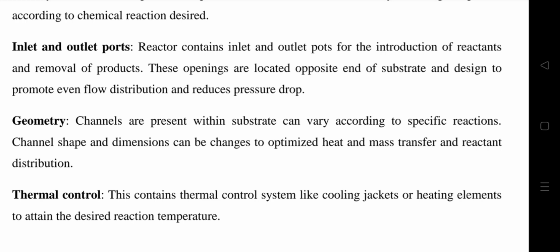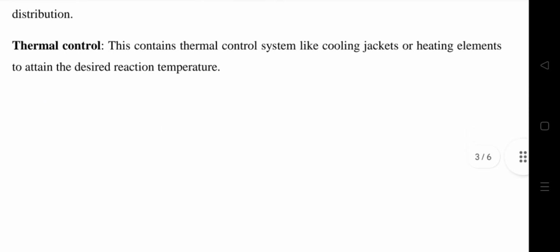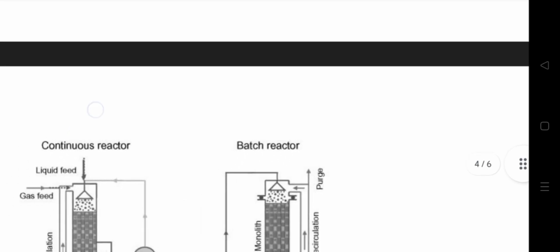Channels present within the substrate can vary according to the specific reactions. Channel shape and dimensions can be changed to optimize heat and mass transfer and reactant distribution. Thermal control. These contain thermal control systems like cooling jackets or heating elements to attain the desired reactions.